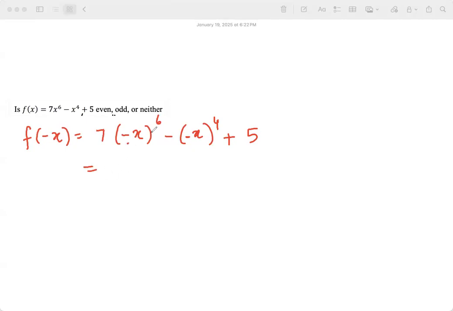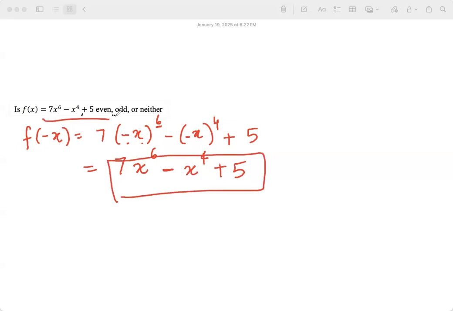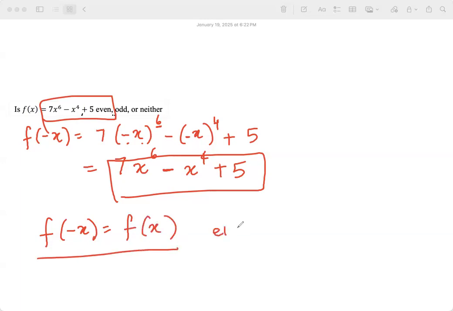Minus x to an even power becomes just x to that power. And minus x power 4 ends up with x power 4 plus 5. So this is exactly the same as the original, right? Never mind, no problem. But did you understand how it works? So it's an even function.